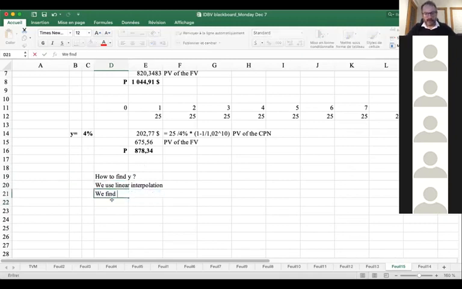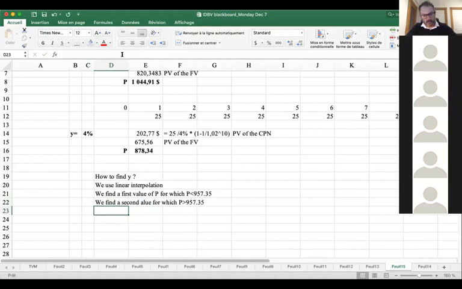We find a first value of p for which p is lower than 957.35. We find a second value for which p is higher than 957.35.